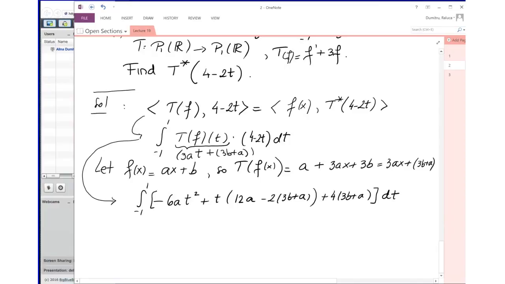I'm still working on the left side of the initial identity, which was this one.